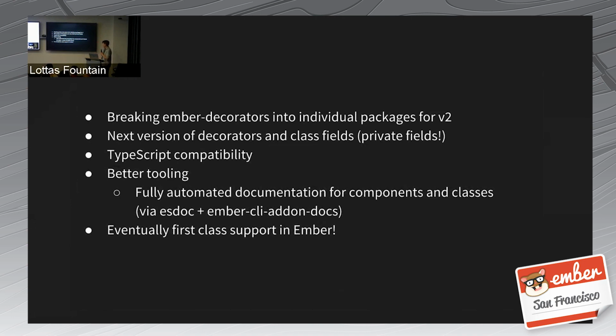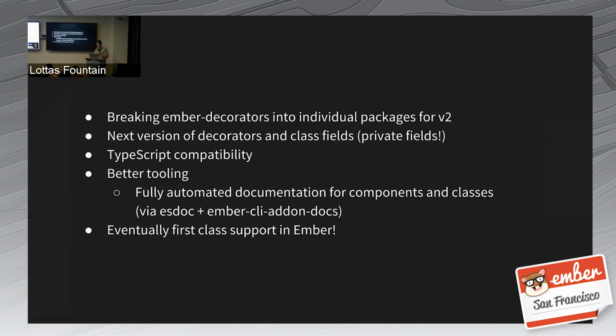And then we're going to be working on some better tooling for the Ember community as a whole. One project I'm really excited about is being able to use that type information from Ember argument decorators to fully generate documentation for add-ons, including what arguments a component receives, what properties it receives, and what actions it sends. So that would be pretty nice instead of having to use JSDoc, @param, and all of that.